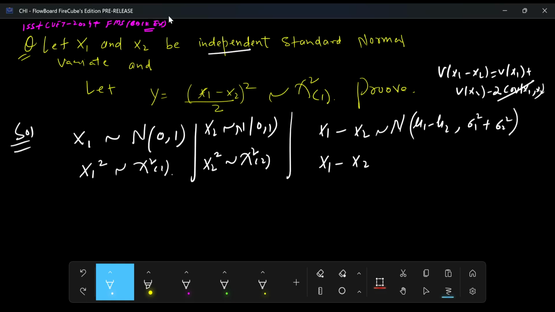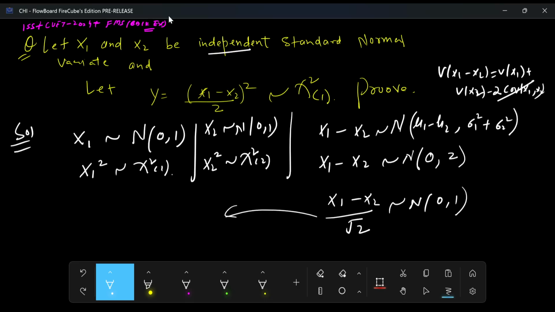So this term will be 0. So this is variance of x1 plus variance of x2. That is why here it is sigma 1 square plus sigma 2 square. x1 minus x2 will follow normal 0 comma 2. So x1 minus x2 divided by standard deviation will follow normal 0 comma 1.